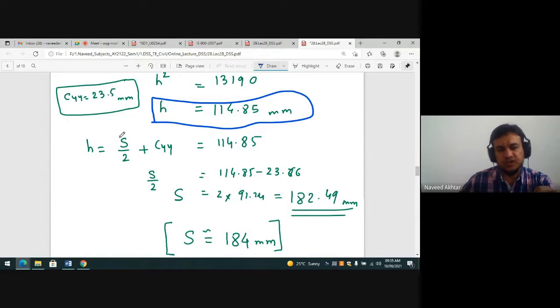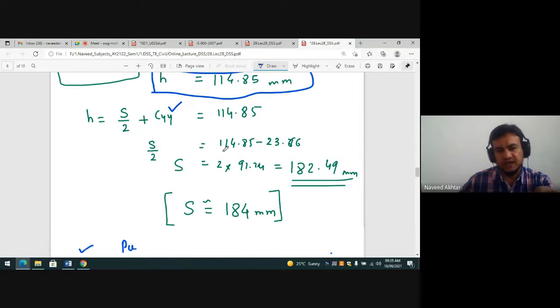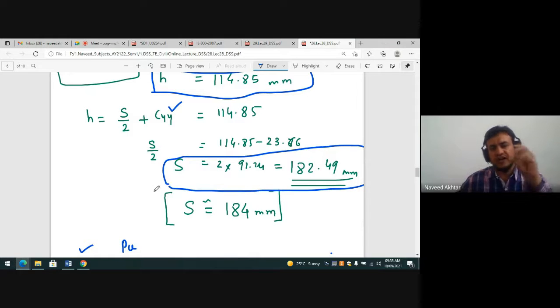Then h is equal to s by 2 plus Cyy, you know, put the value of Cyy and then multiply by 2, you will get the spacing, and similar way you have to find out the spacing in the battening system also.